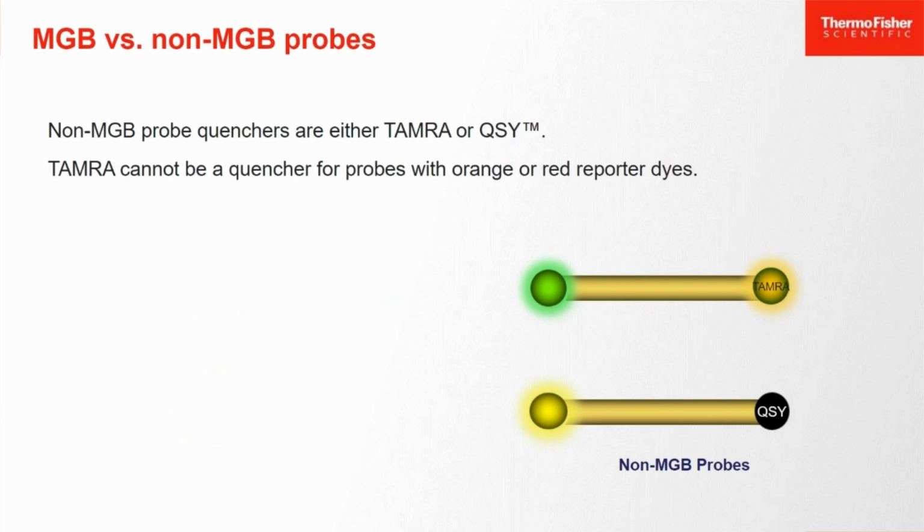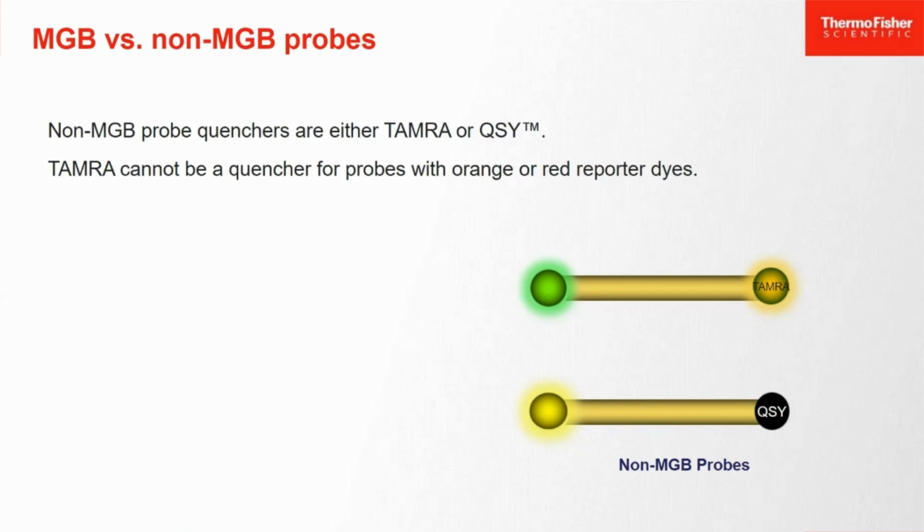Then we have non-MGB probes, and we offer them with different quenchers. There's the traditional TAMRA dye as the quencher on the 3' end, and there's a QSY non-fluorescing type of quencher as another option. Non-MGB probes are longer than MGB probes.